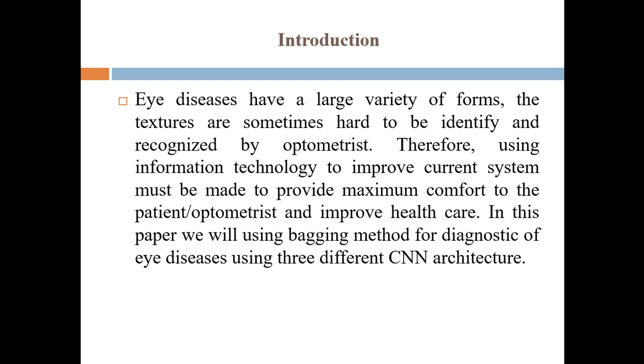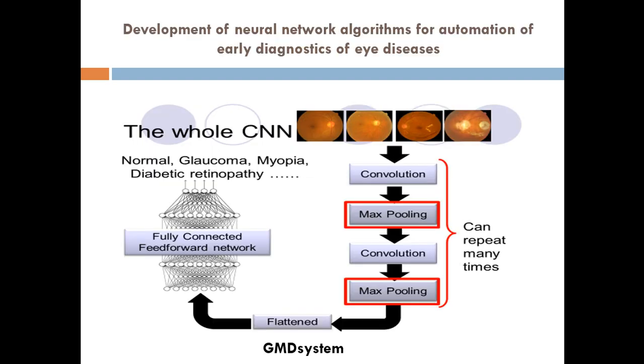In this paper, we will use the bagging method for diagnostics of eye diseases using three different CNN architectures. The main name of my project is development of a neural network algorithm for automation of early diagnosis of eye disease.